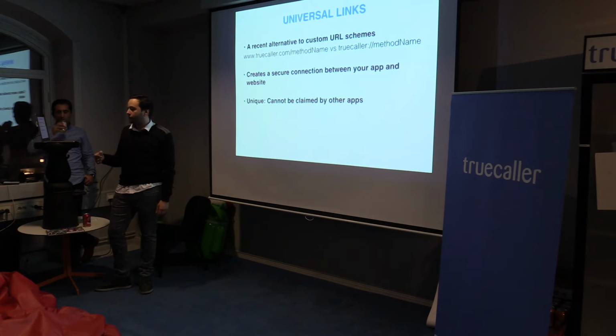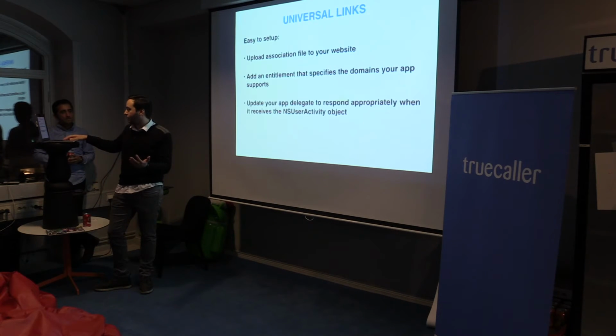Whereas in URL schemes, the first one who actually registers the scheme gets the priority and gets all the messages. And by using universal links, we avoided having interceptions in our messaging between two apps. So to set up universal links, you need to create one association file, which is in a JSON format.